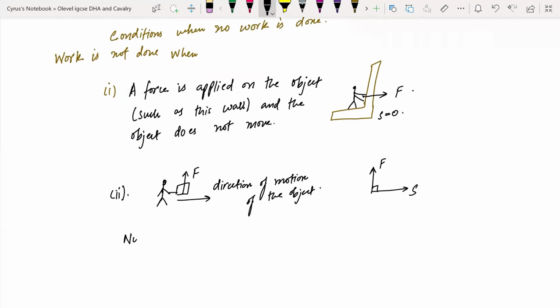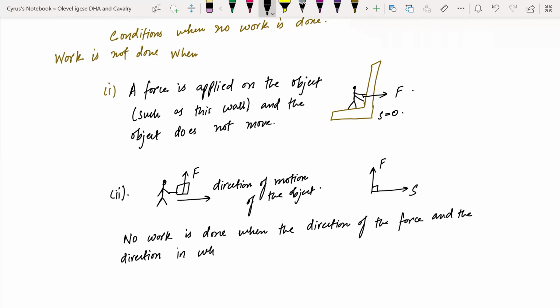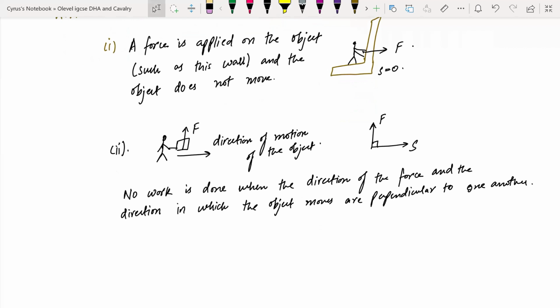You should know that no work is done when the direction of the force and the direction in which it moves are perpendicular to one another.